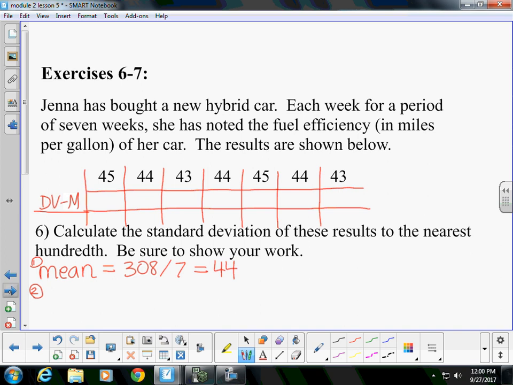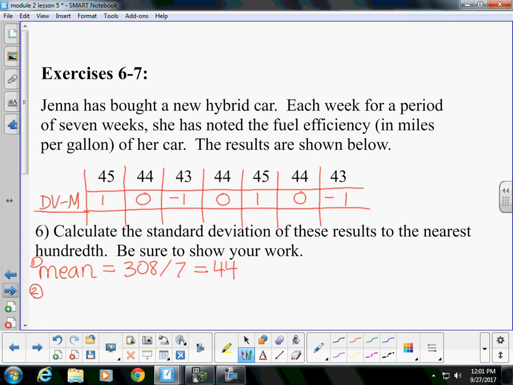I'm going to take each number, 45 for example, and subtract 44 from it. So that would be 1. 44 minus 44 is 0. 43 minus 44 is -1. Then 44 minus 44, 0. 45 minus 44, 44 minus 44, and 43 minus 44.